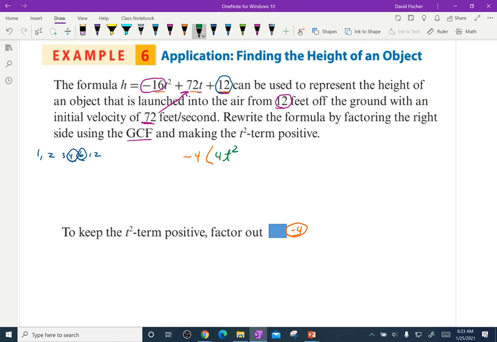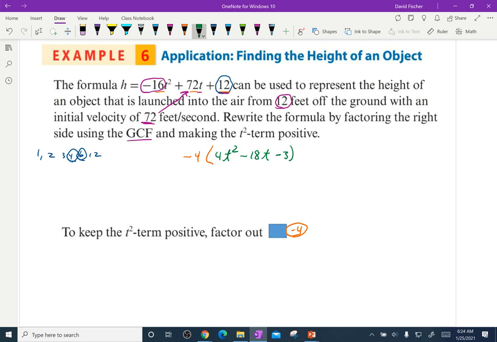So negative 4 times, and I saw in my calculator I had 18. I need it to be a positive, so I know negative times negative has to be a positive, and 18t would get me back to 72t. And then my last term, negative 4 times what would give me a positive 12? Well, it has to be a negative because a negative times a negative is a positive, and that one's going to be a 3. All right?